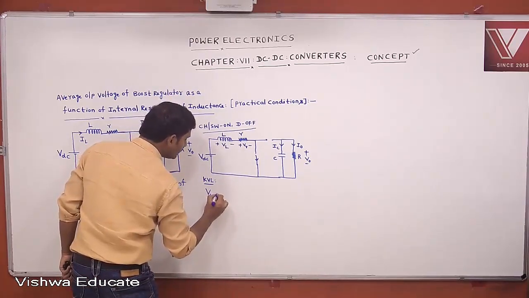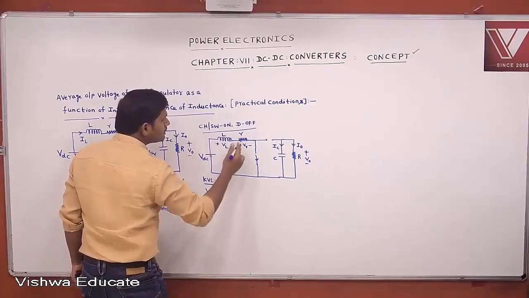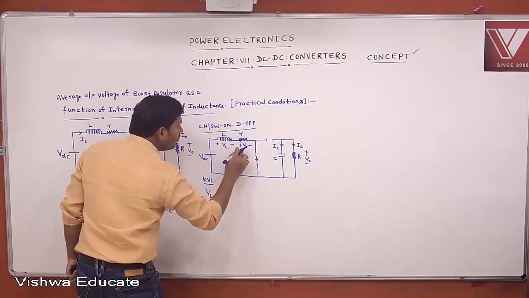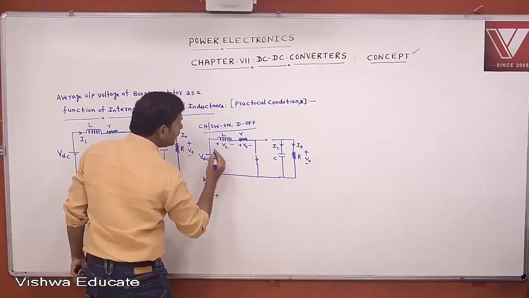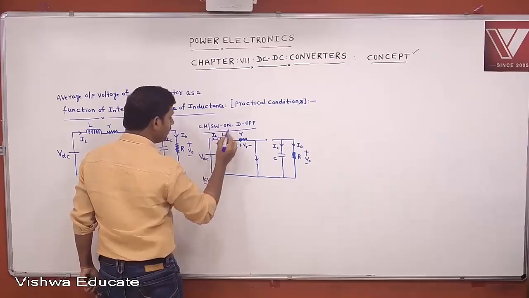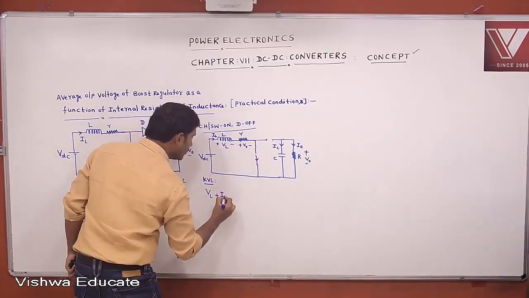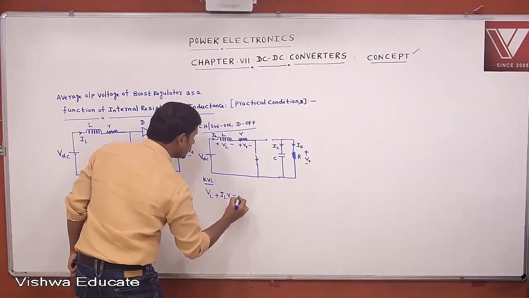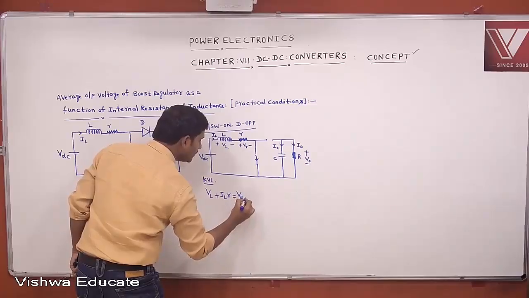VL plus VR, where VR is written as IL into small r, with IL the current in the inductor, is equal to VDC.